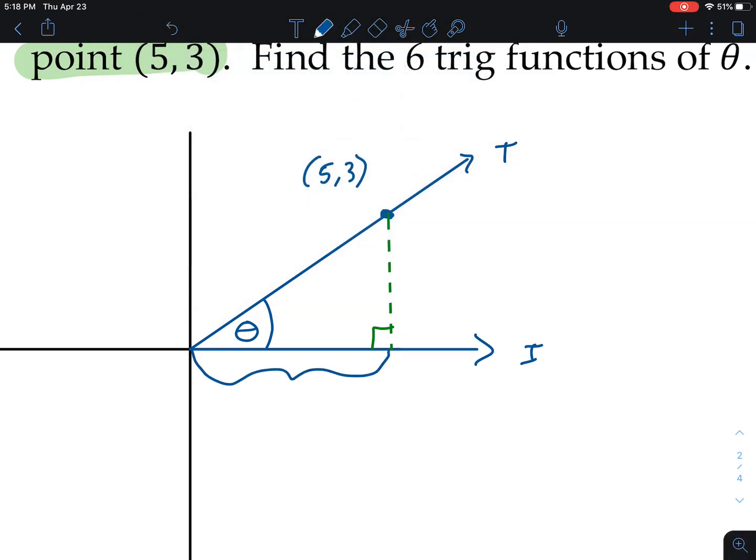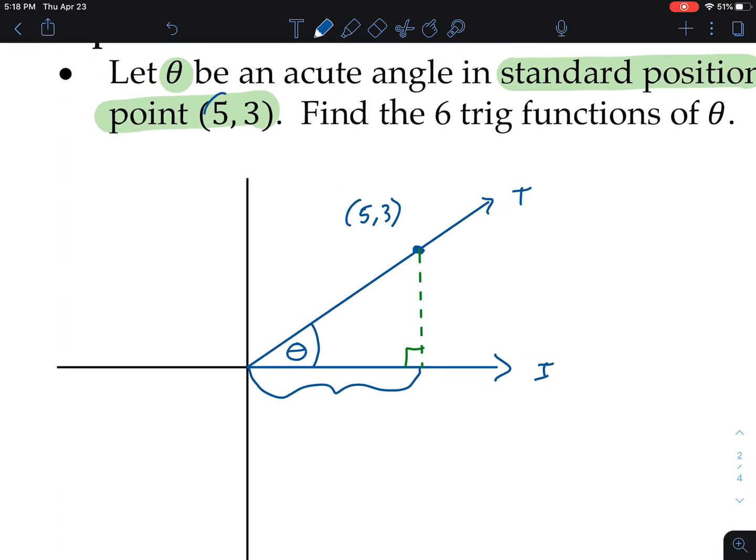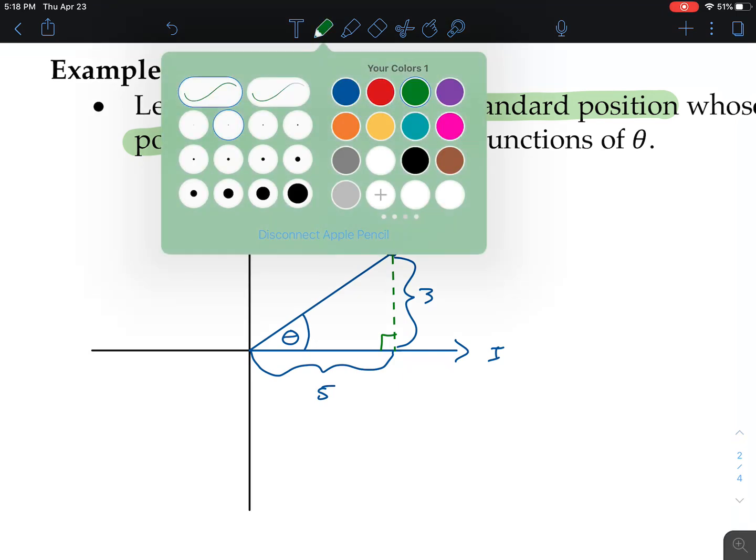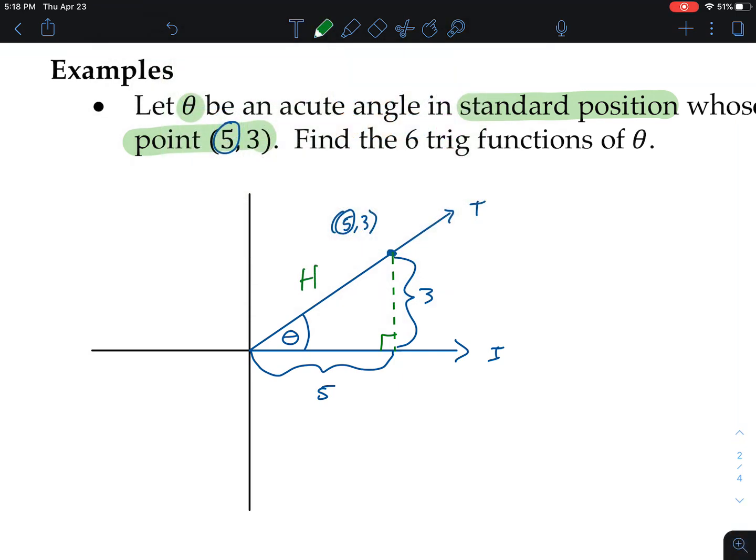This length is told to me: 5 over, and how much up? 3. Standard position, acute angle, terminal side with the point (5, 3), meaning 5 over, 3 up. I dropped a perpendicular, so I got my little right triangle. This is my hypotenuse.